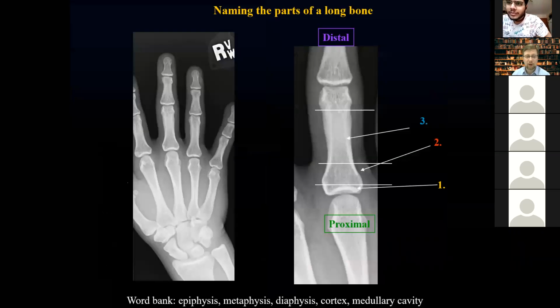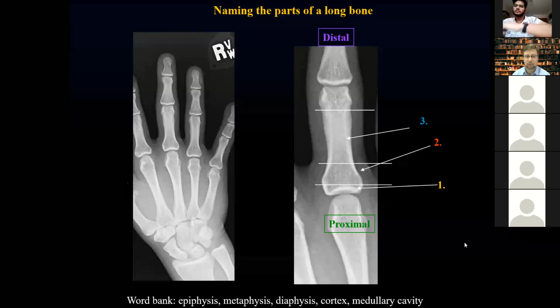As I said before, you must be able to name the epiphysis, the metaphysis, diaphysis, cortex of the bones, medullary cavity, and remember that we always use distal and proximal additions to every part of the bone, proximal epiphysis and distal epiphysis.